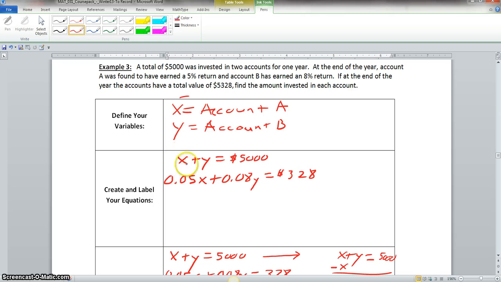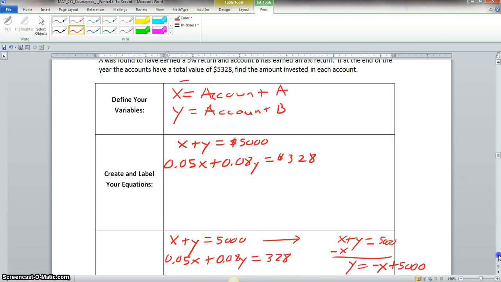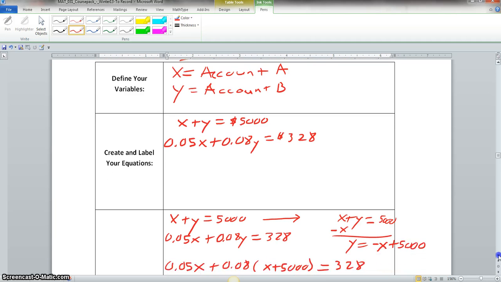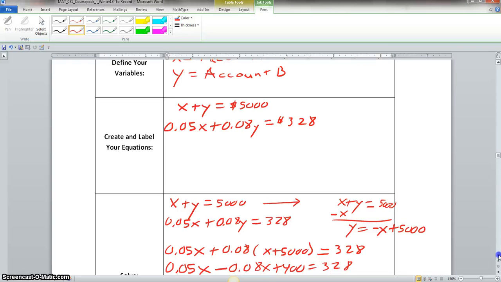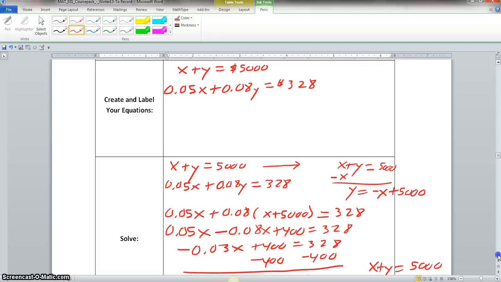Now we know the account A had a return of 5%. So we write that as a decimal, 0.05x. And account B had a return of 8%, which is 0.08y. And that's supposed to equal 328. Now, as I scrolled here, I decided to use substitution. So I had x plus y equals 5,000, and I took it off to the side here, and I solved for y.